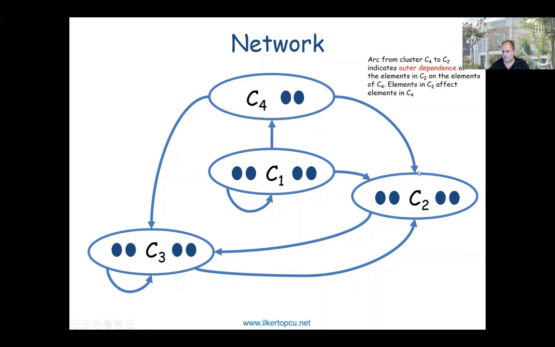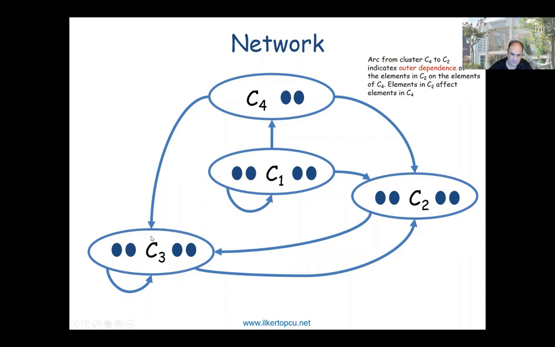By seeing this network model, we can understand which one affects which one. For this purpose, in the following slides, you will see we are using influence matrices. In influence matrices, you will see row elements affect column elements. But here we are just seeing which cluster is dependent on which cluster. This is outer dependence.